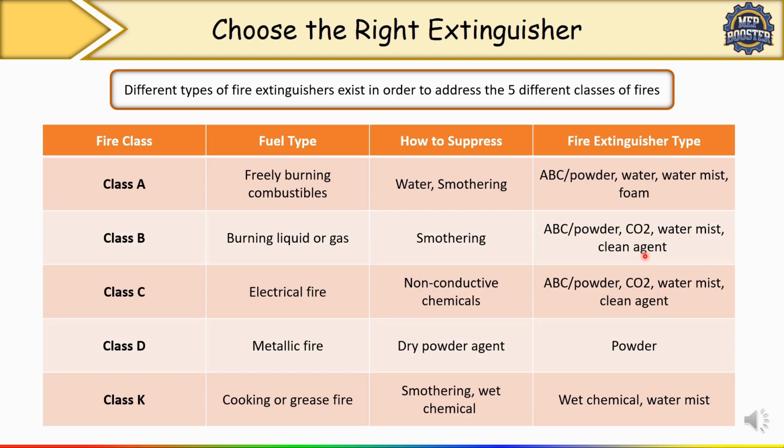Class C fire, let's say it is an electrical fire, so see here the types of extinguisher are given. If it is a class D fire, meaning a fire in solid combustible metal, then powder is recommended. A dry powder fire extinguisher is recommended here. For class K fire, a wet chemical or water mist fire extinguisher is needed.